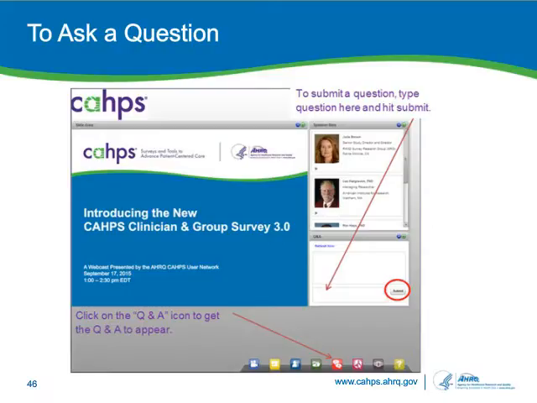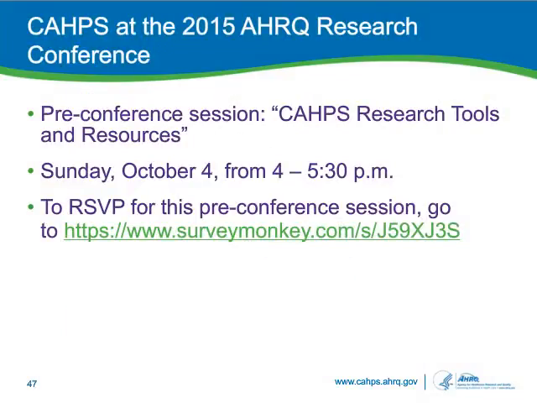So before we end, I just want to highlight a few things that are coming up with respect to a session that we are specially doing, and that might be of interest to many of you attending today in the context of the AHRQ 2015 Research Conference that will be held from October 4th through the 6th in Crystal City, Virginia.